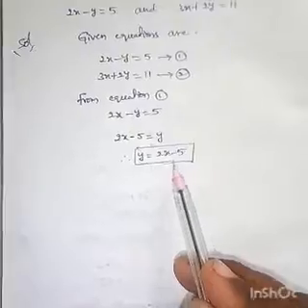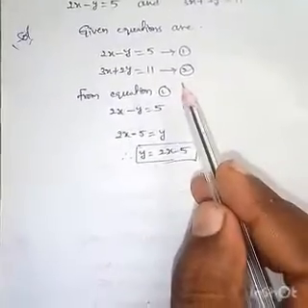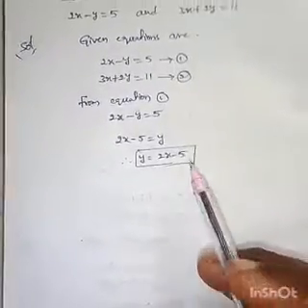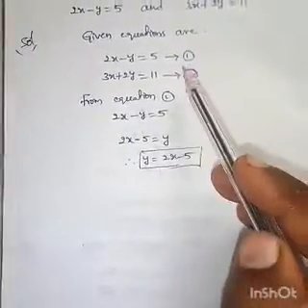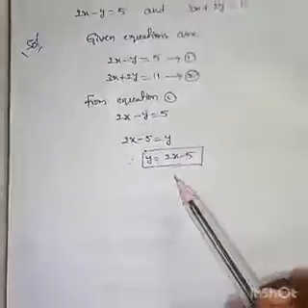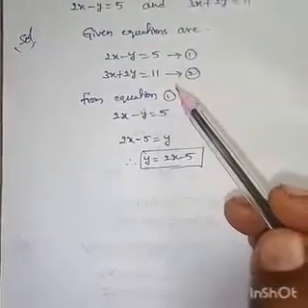Now substitute this value in equation 2. Students, remember one thing, here the y value is obtained from equation 1. So we have to substitute this value in equation 2.